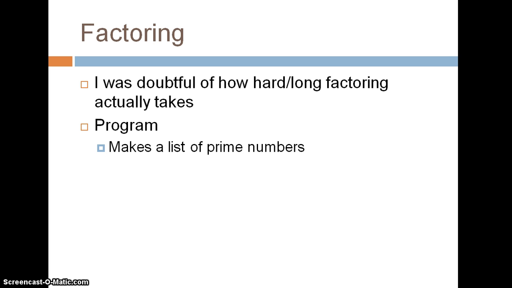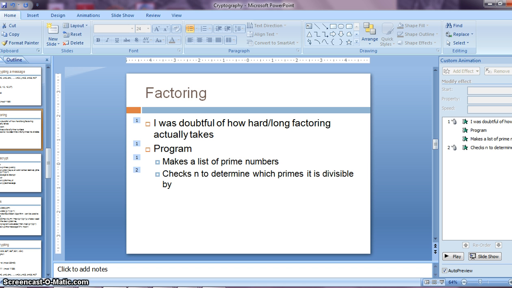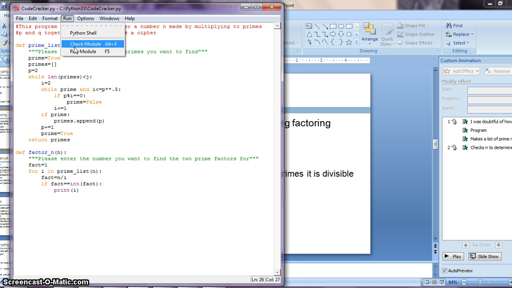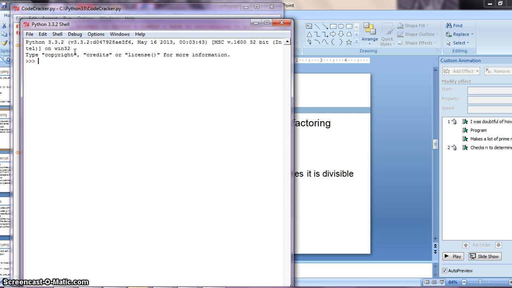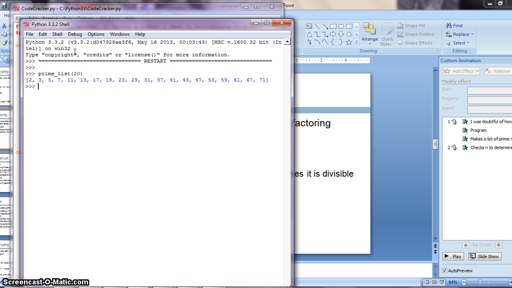So I wrote a program that makes a list of the prime numbers and then checks N to determine which primes it is divisible by. First let's check the value of 1189.